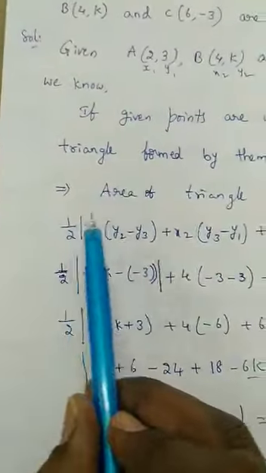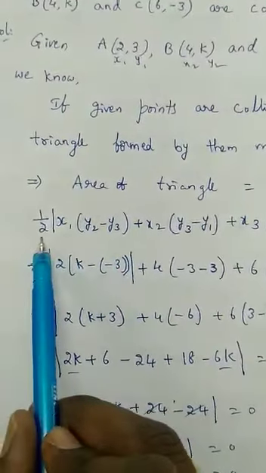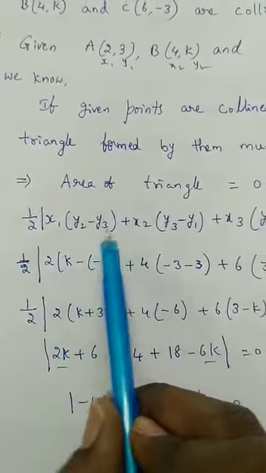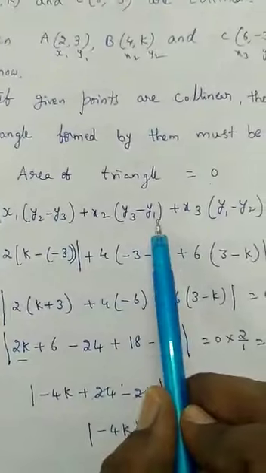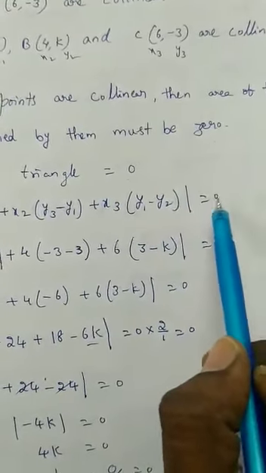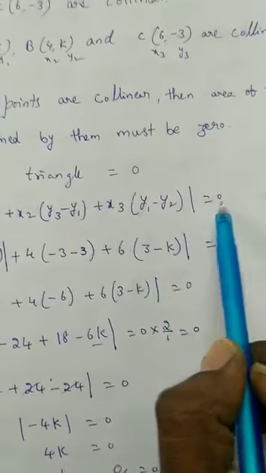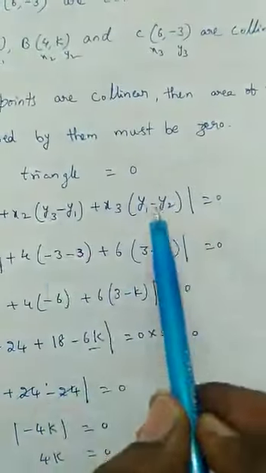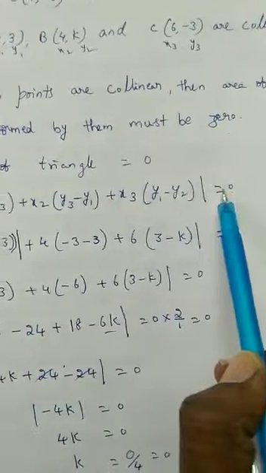So according to that, area of triangle is equal to 0. What is the area of the triangle formula? Half into x1 into (y2 minus y3) plus x2 into (y3 minus y1) plus x3 into (y1 minus y2). That result is equal to 0. Since the points are collinear, those area is equal to 0.